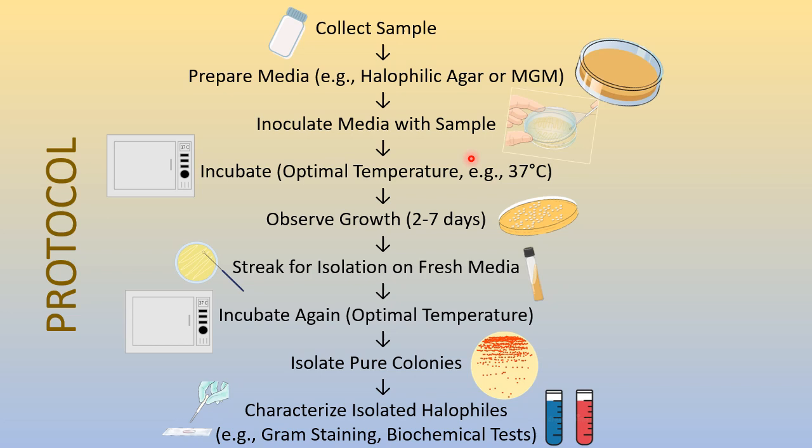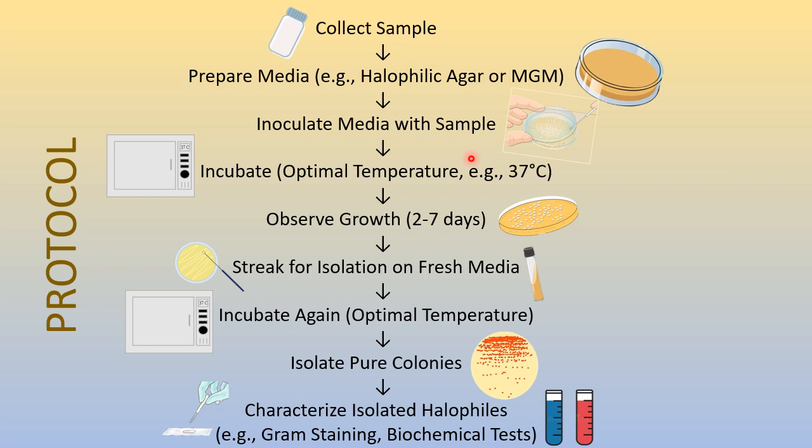Are you getting a crowded plate, or are you getting a minimum of 30 to 35 isolated colonies already? Then it is okay, you don't need to go for serial dilution. If you are getting a crowded plate, then you need to go for serial dilution.